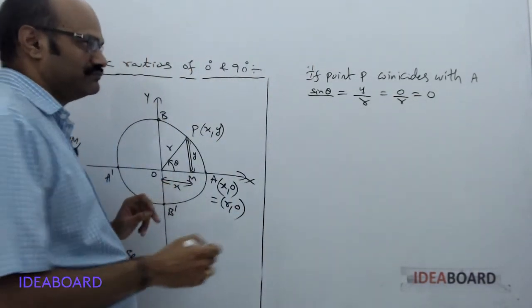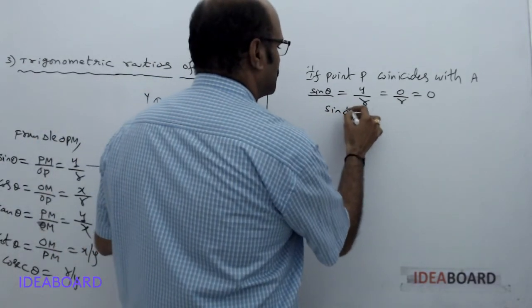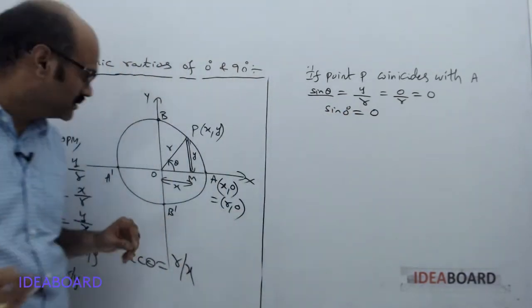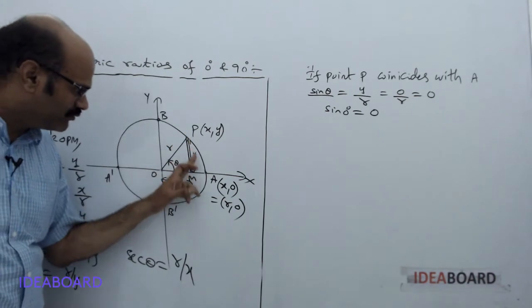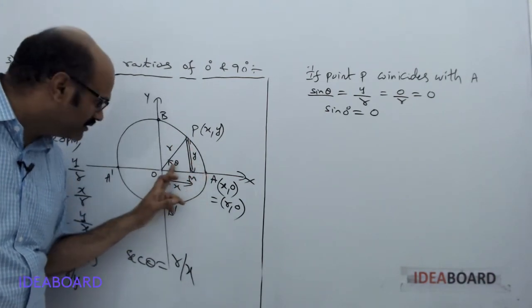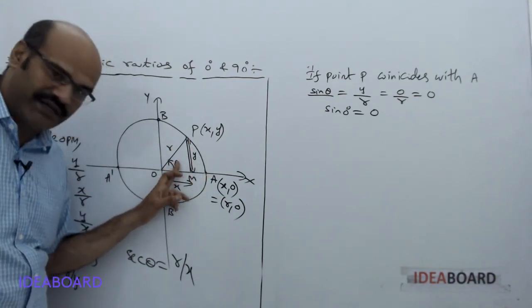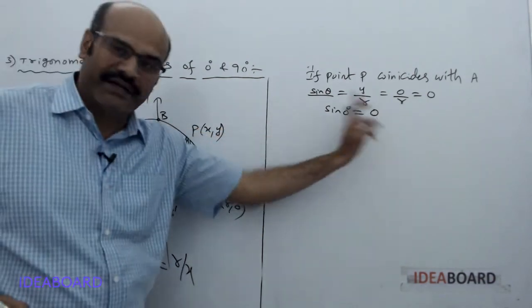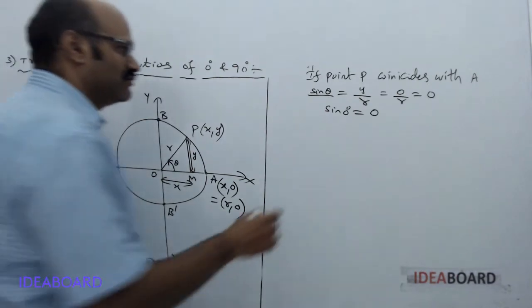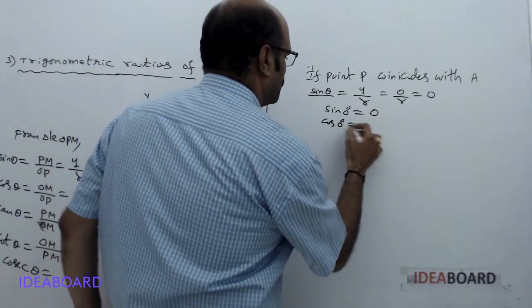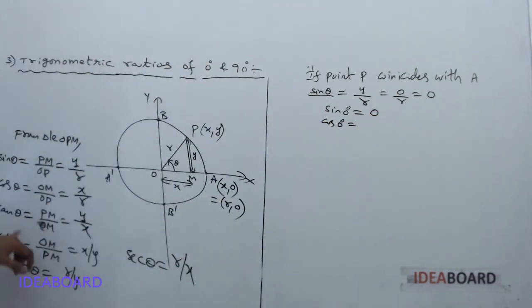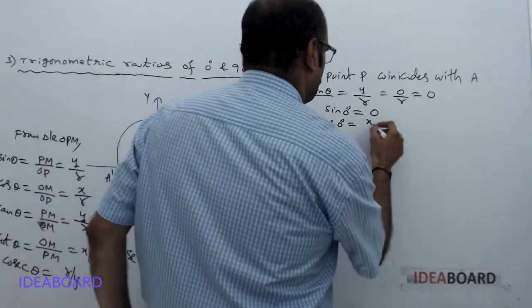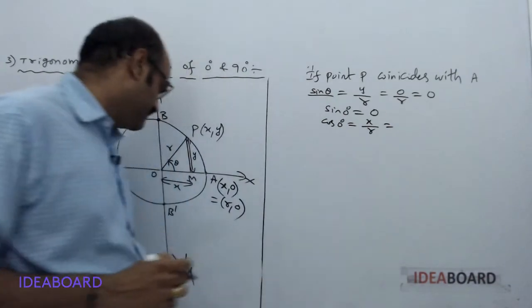Therefore sin 0 degrees equals 0. Whenever the point P coincides with the point A, theta becomes 0 degrees. Now cos 0 degrees equals x by r.